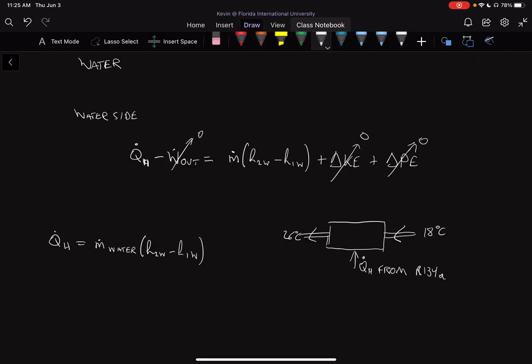Now, what do we use for H2 and H1 of water? Well, we're going to have to make some sort of assumption as to what is happening. So what we're going to say is that since water is between 18 to 26 degrees, if the water is not under too little pressure, we know that usually at a normal condition, we can assume the water is a compressed liquid.